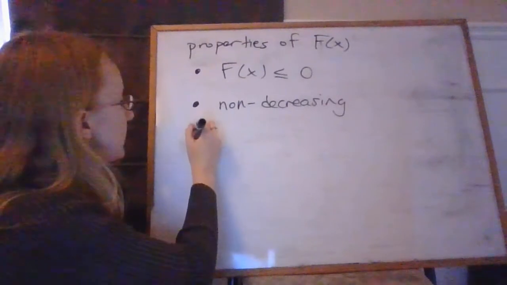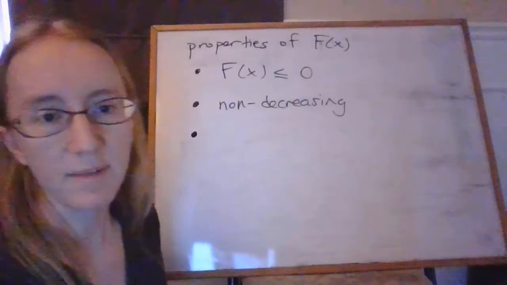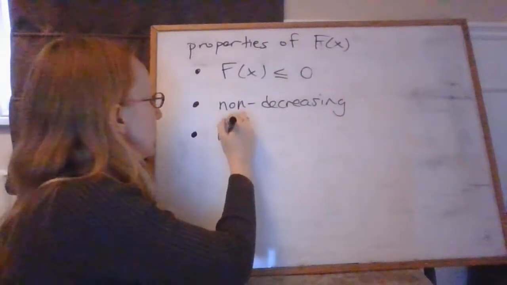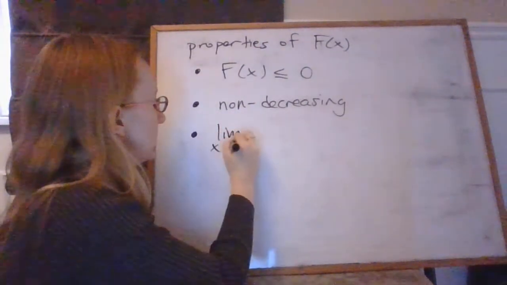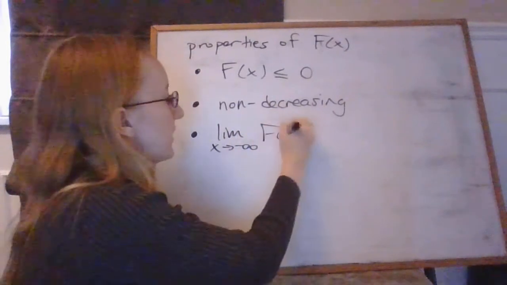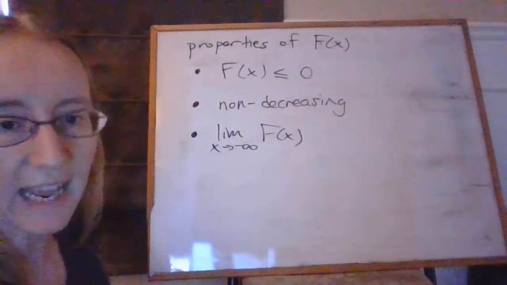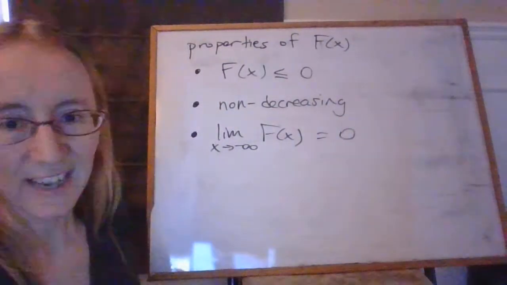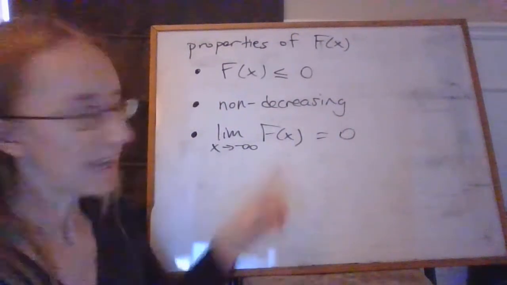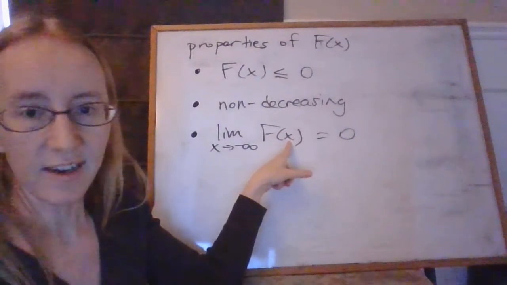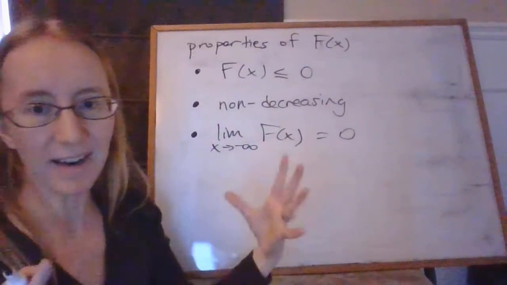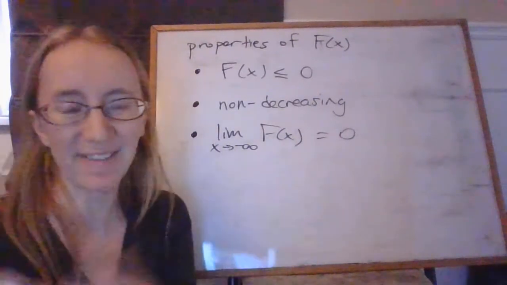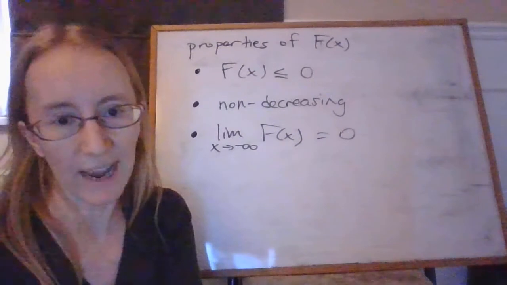The next is that the limit as we approach negative infinity is going to be 0. I'll write this formally. The limit as x approaches negative infinity of big F of x is equal to 0. And again, that should be fairly logical. If we're getting this value smaller and smaller, we're saying the probability that the variable is less than or equal to something going all the way to negative infinity is going to go down to 0.